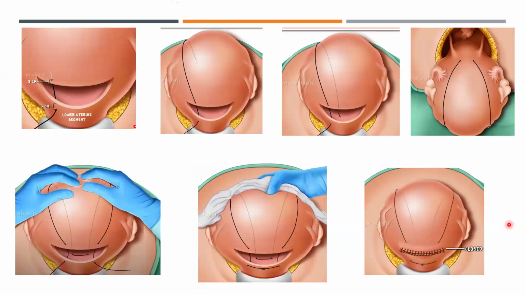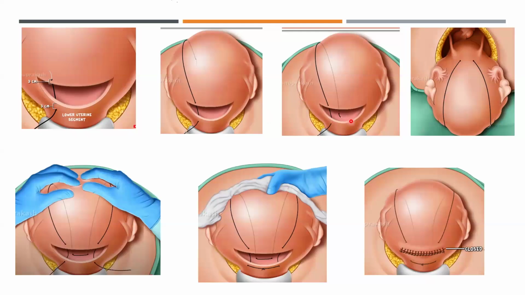To do a B-Lynch suture, you take a bite at the bottom of your uterine segment, below where the cesarean section's incision was, 3 centimeters away from it. Then go out on the other side and bite again 3 centimeters away. Once that's done, you take the suture, go on top of the uterus, go behind over the fundus, go out and bite again into the uterus.